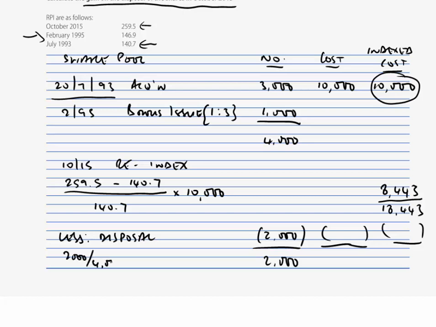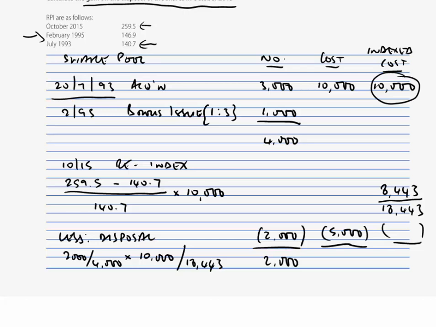So our calculation, therefore, will be we sell 2,000 out of 4,000 shares where there was a cost of £10,000. We're obviously selling half of the shares here, so half of 10,000 will be £5,000. Apply the same 2,000 over 4,000 on 18,443 worth of index cost. There's a bit of rounding here, one way or the other.